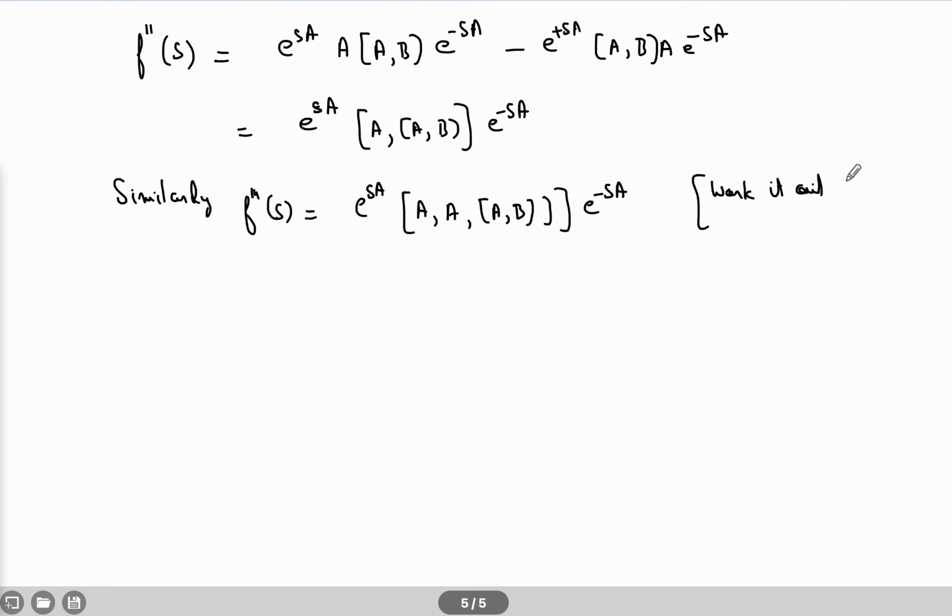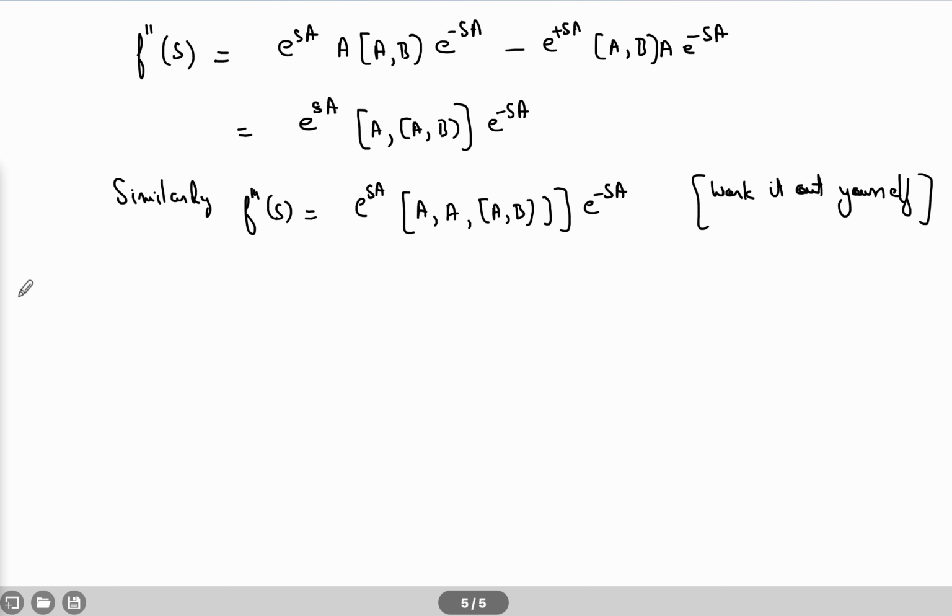Work it out yourself. Take it as a home assignment and try to see if you differentiate this further from here to here, do you get the same expression or not? Okay, so now we have got this, but how do we simplify it?